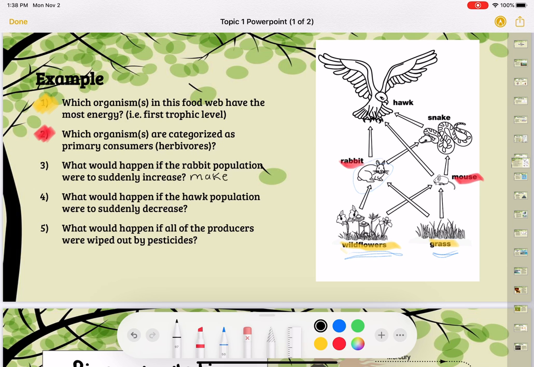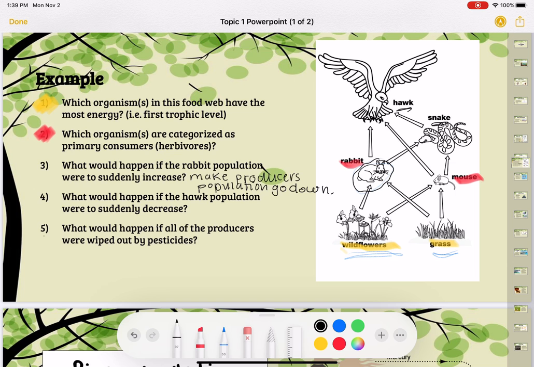So it would make the producers' population go down. But then, if there was more rabbits, it might also make the population of these guys that eat the rabbits go up, right?